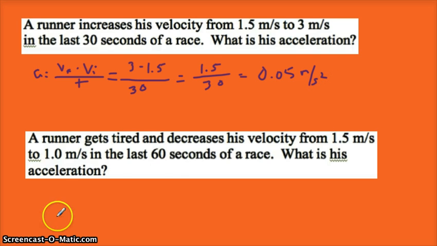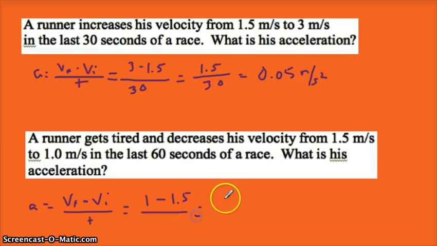That's right. Take a look down here. A runner gets tired and decreases his velocity. So we're going to have some deceleration here, but we still use the same formula. It's just going to be negative. So we have final velocity minus initial velocity over time. Final velocity is 1, minus the initial velocity, which is 1.5. So you're going to have negative 0.5 up at the top here. And the bottom is going to be 60 seconds.